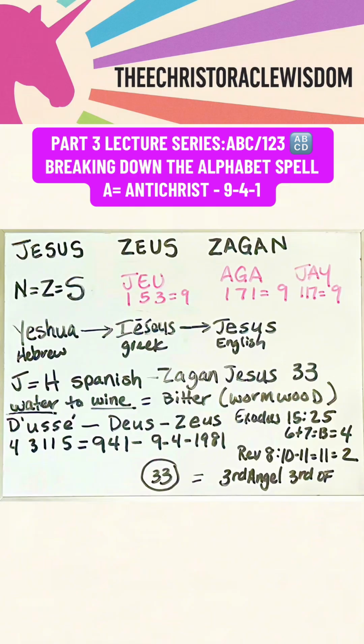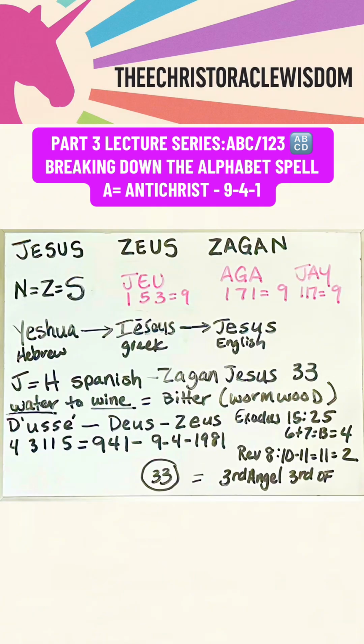You're talking about crushing the grapes, because grapes are like 80% water. And if you're crushing the grapes to ferment them into wine, what you're doing is making the water bitter. And where else do we have a representation of waters turning bitter? We have wormwood. Zagon turns water into wine, and so does Jesus.